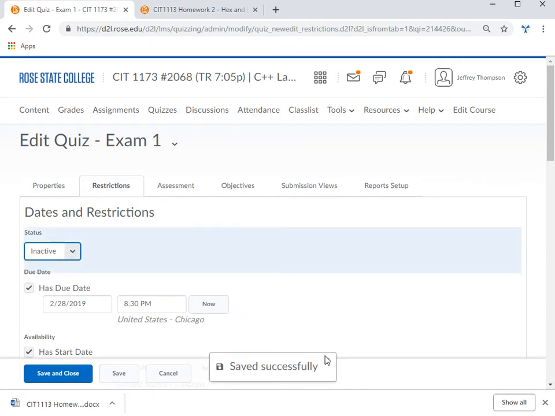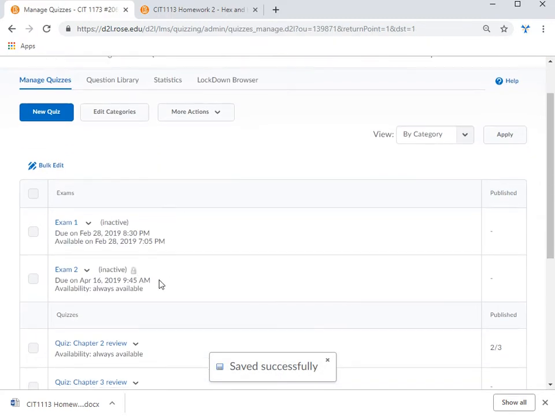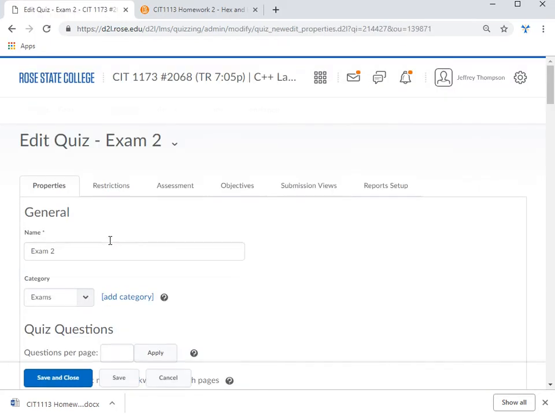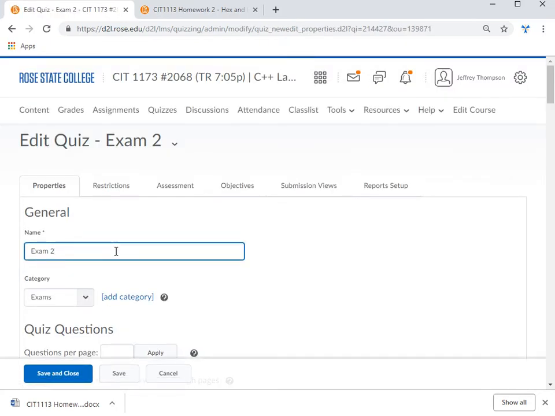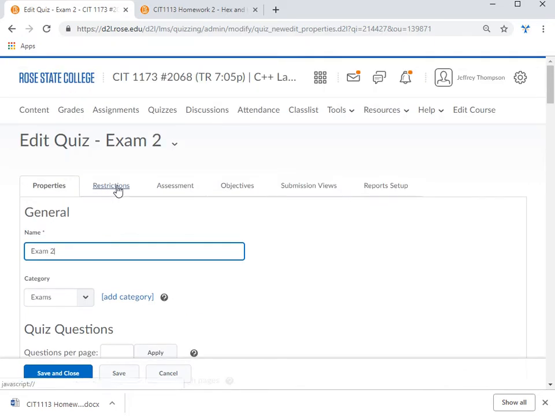The first one's going to be over chapters 1, 2, and 3, and we're still plowing our way through. Could you make it due on a Friday, so I don't have to go to work? Yeah, I'll make it due Friday, but we're going to take it on Thursday. But you can skip Thursday and then take it at the library Friday if that's how you want to do it.